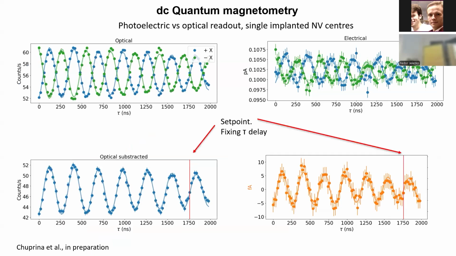You can also see in the signals, although the femtoamps, like 10 femtoamps, is more than 50 kilocounts per second, I think, it's still larger, but the noise is higher. That's because the amplifiers are noisy and we are far away from the optimum amplification here. There is an ongoing effort in the field to make our amplifiers better, to be limited only by electron shot noise, the fundamental limits in electrical measurements.